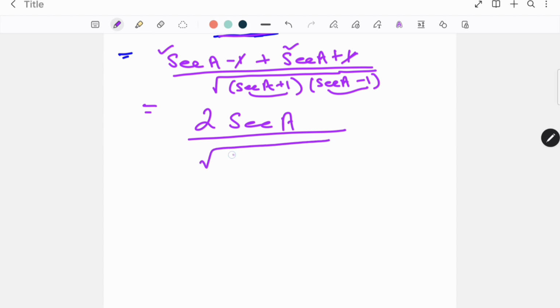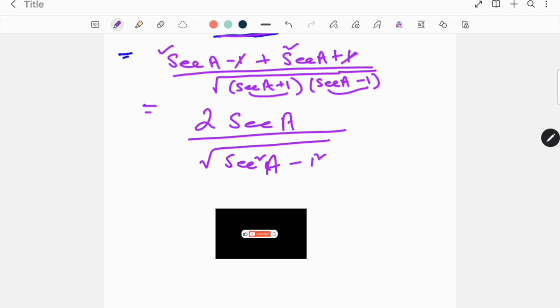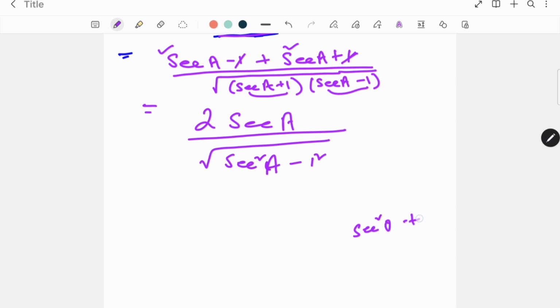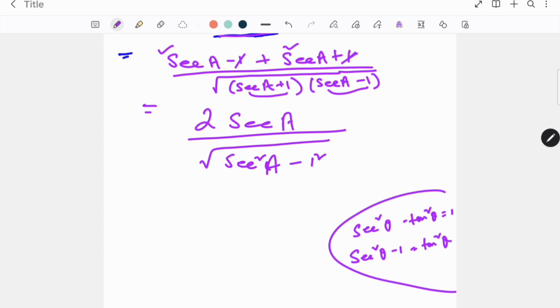Under the root we are going to get a square minus b square, and we have a formula, that is sec square theta minus tan square theta equals 1, which we have seen at the beginning. So from here, if we take sec square theta minus 1, that side will become tan square theta. So we are going to use this formula here.